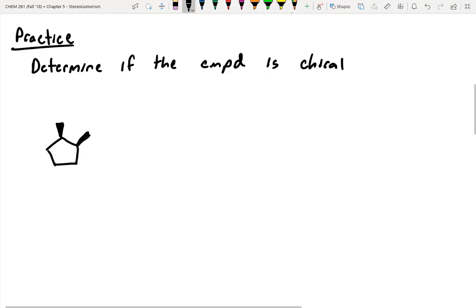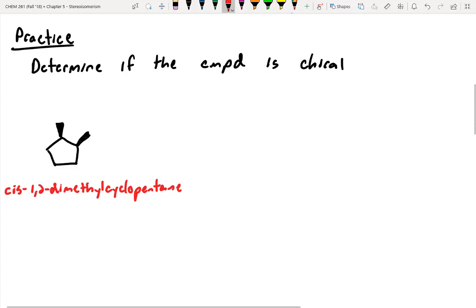What would this be named? 1,2-dimethylcyclopentane. We got to be more specific though. We're missing something. Cis, right? So this would be cis-1,2-dimethylcyclopentane. So kind of a mouthful.